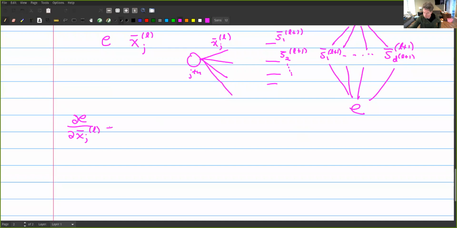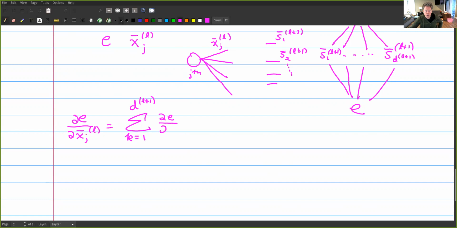But anyway, the formula that you come up with is the derivative of E with respect to XJL is the sum. This is going to be over all of the S's in the next layer. So we'll use K, so K equals 1 to D L plus 1, the number of nodes in the next layer. Now in each case, we just use the chain rule with one of those intermediate variables.